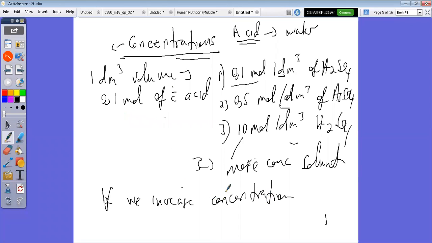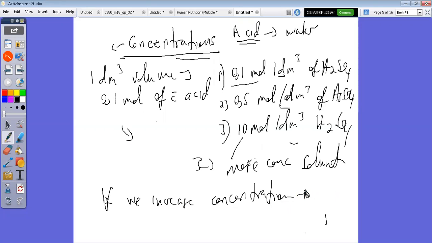If we increase concentration, it means I now have more concentration of the what? If it was the acid, I now have more concentration of the acid per unit volume. So I'm going to have more chances of successful collisions.